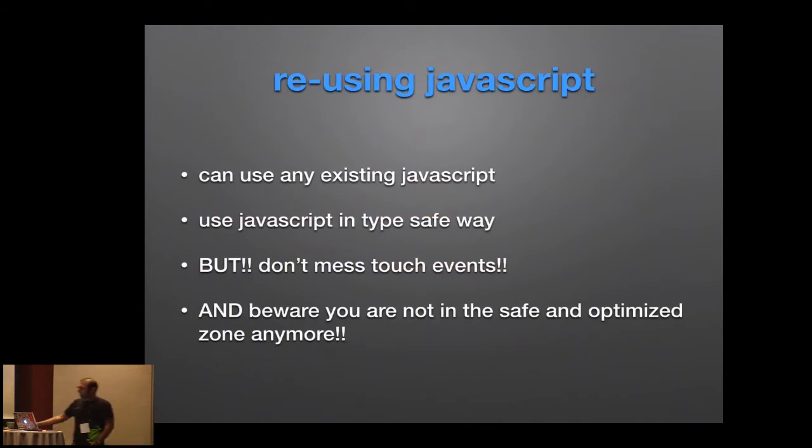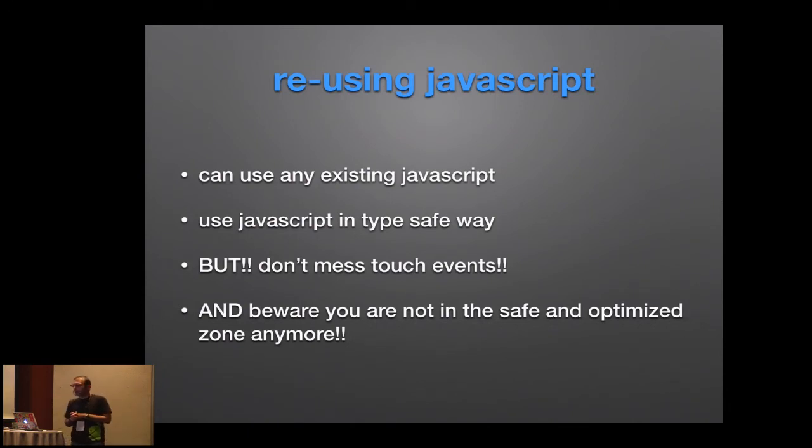Next, reusing JavaScript. Since you're all GWT developers, at some point you implemented some JSNI method to call some JavaScript functions, or use some existing JavaScript, which is good. It's just that you are leaving the safe boundaries of the GWT compiler, and there's a chance that you can mess up the touch events, which I did miserably, and I'll talk about it later.